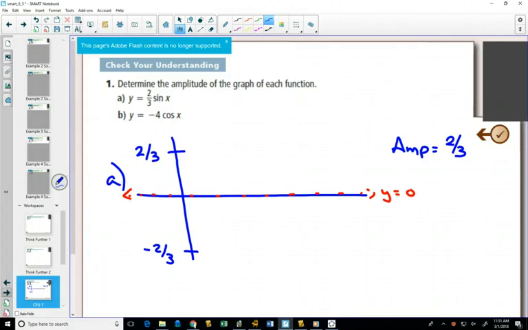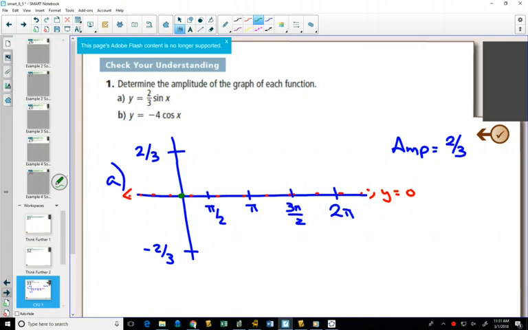Amplitude is always positive because it's the distance from the center line to the maximum or center line to the minimum. If I wanted to graph this, we're always going to label one period on our x-axis. So the period of sine is 2 pi. We're going to divide it into 4 equal sections, which match up, in this case, with our axes. And our sine graph always starts on our center line going up.